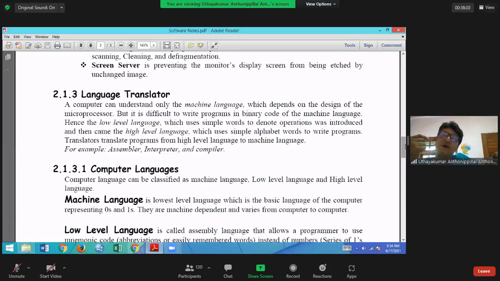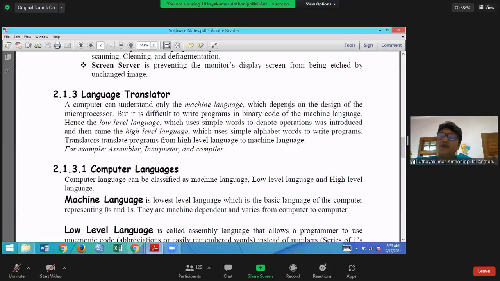If the signal is passing through a line, then it's 1. No signal, 0. Likewise, we can interact with the computer; that is the machine language. To interact with machine language, there are three different layers: high-level language, low-level language, and then machine language.